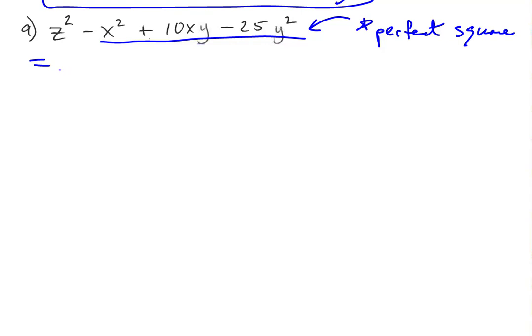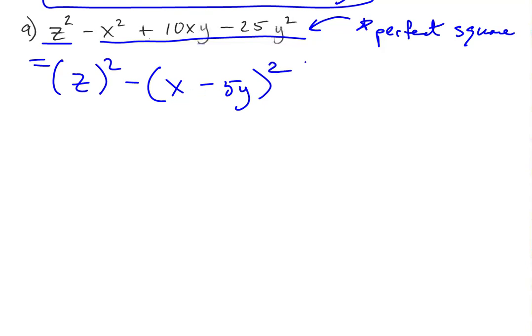Now, what I mean by that is we're going to keep this as z squared from the first term, grouping 1 and 3 here. Z squared is the first term. Then we keep the sign between the groups here, so minus. And then these last three terms, when put through the perfect square formula, would turn out as x minus 5y, so x minus 5y, and that's all squared.